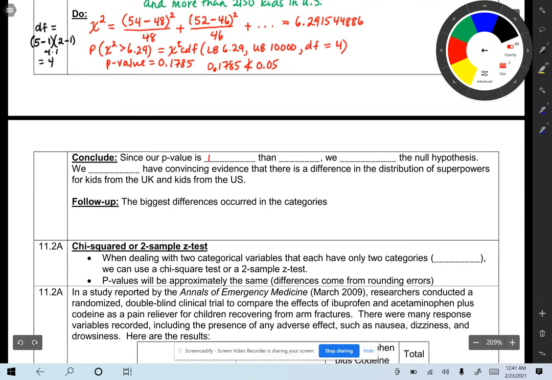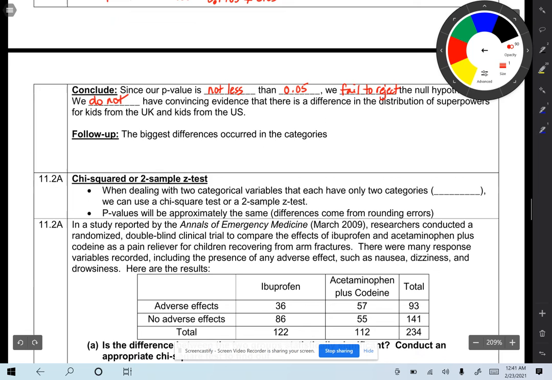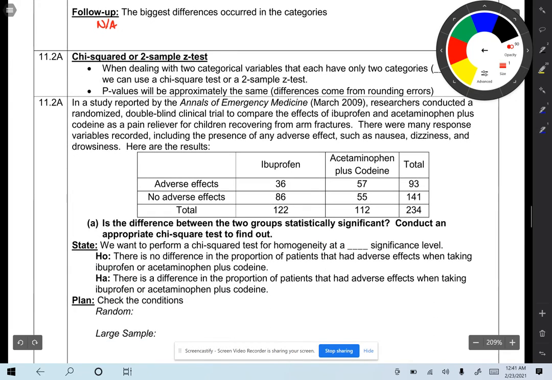Since our p-value is not less than 0.05, we fail to reject the null hypothesis. We do not have convincing evidence that there is a difference in the distribution of superpowers for kids from the UK and kids from the US. So follow-up we don't have to do because there was no difference.